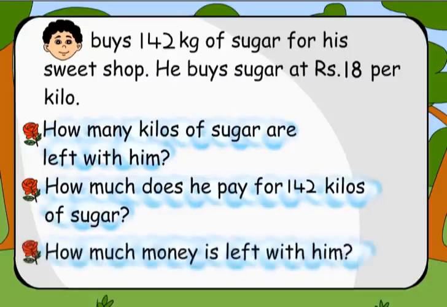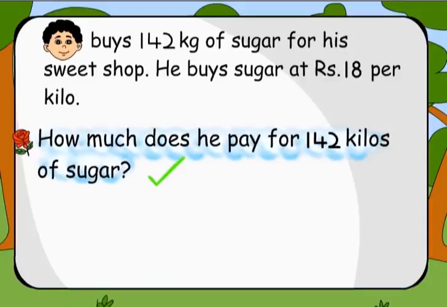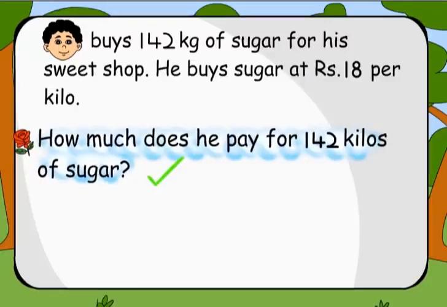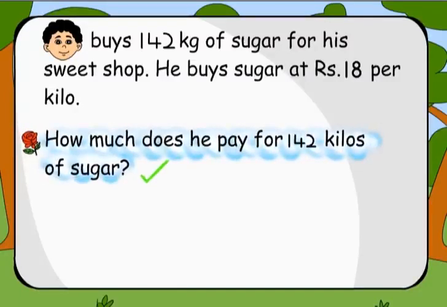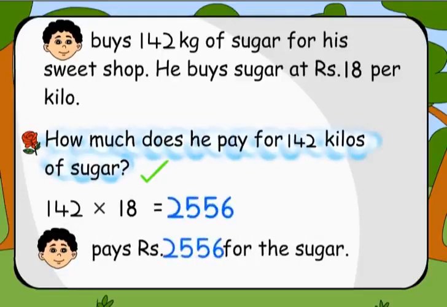Or, how much money is left with him? How much does he pay for 142 kilos of sugar? 142 into 18 is equal to 2556. Salim pays rupees 2556 for the sugar.